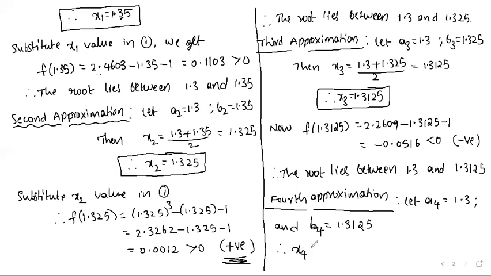Therefore, x4 is equal to 1.3 plus 1.3125 divided by 2, that is equal to 1.30625. So x4 ఎంత వచ్చింది మనకి?